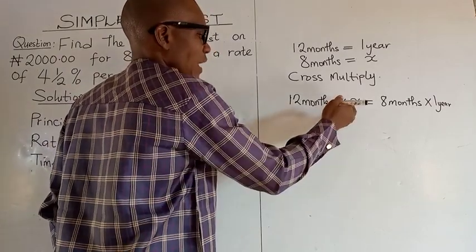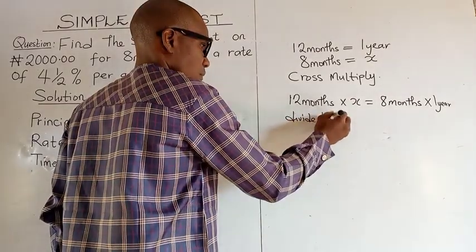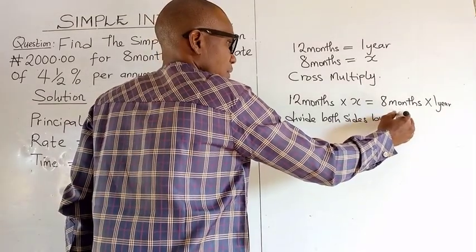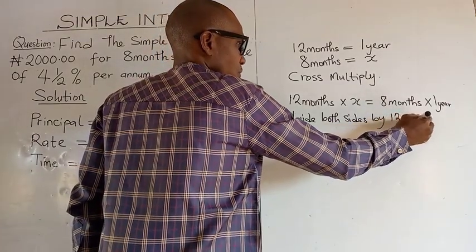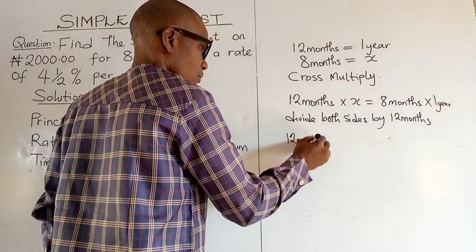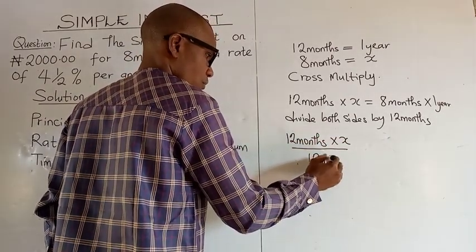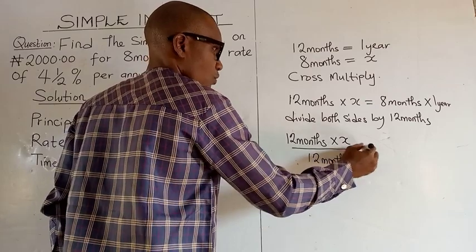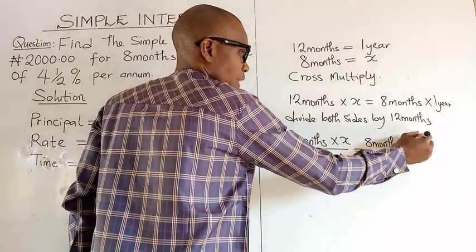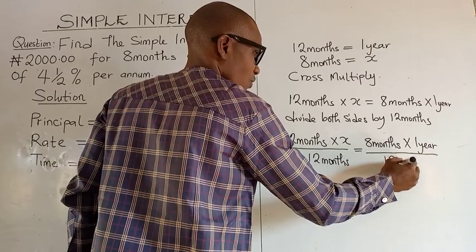So for x to stay alone, we divide both sides by 12 months. We get 12 months multiplied by x divided by 12 months will be equal to 8 months multiplied by 1 year all over 12 months.